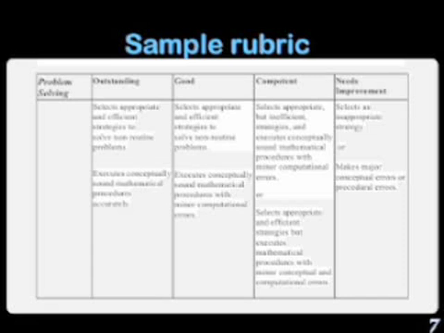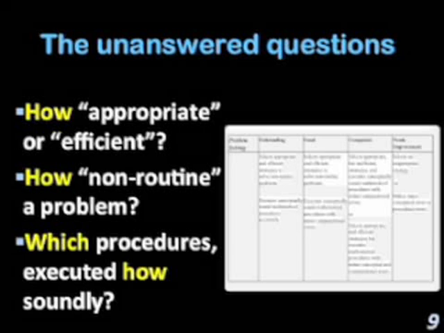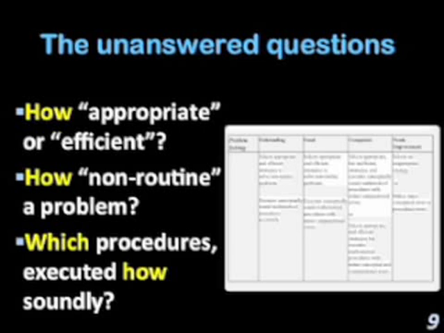It does describe the difference between outstanding, good, competent, and needs improvement, but that's relative to each other. How appropriate or efficient must the solution and approach be? How non-routine and intellectually demanding must the problem be? How soundly does this all have to be accomplished by a student?